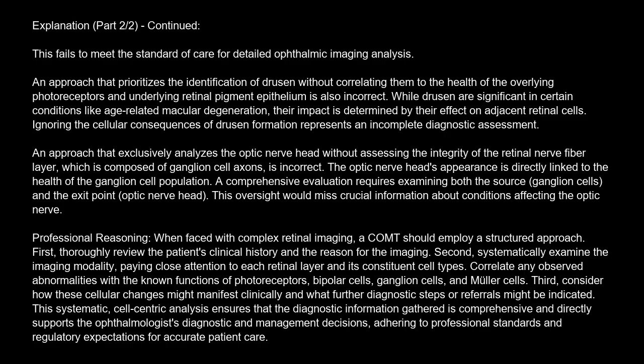Third, consider how these cellular changes might manifest clinically and what further diagnostic steps or referrals might be indicated. This systematic, cell-centric analysis ensures that the diagnostic information gathered is comprehensive and directly supports the ophthalmologist's diagnostic and management decisions, adhering to professional standards and regulatory expectations for accurate patient care.